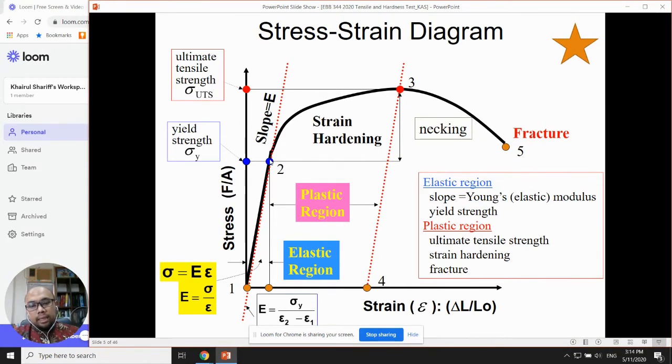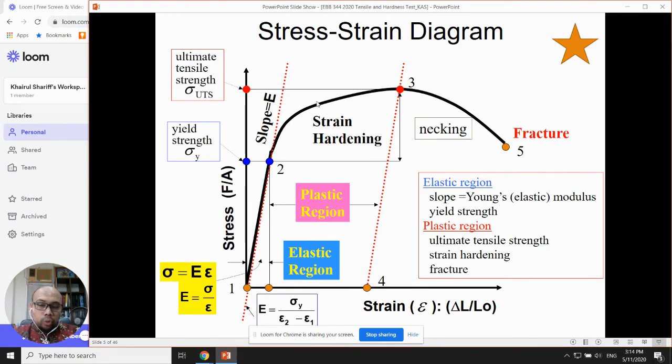From point 2 to point 3, this increasing process we call the strain hardening phenomenon. What is strain hardening? I will explain later in the next slide. When the reading increases until it reaches the peak of the graph, we call it the ultimate tensile strength value, or UTS value.